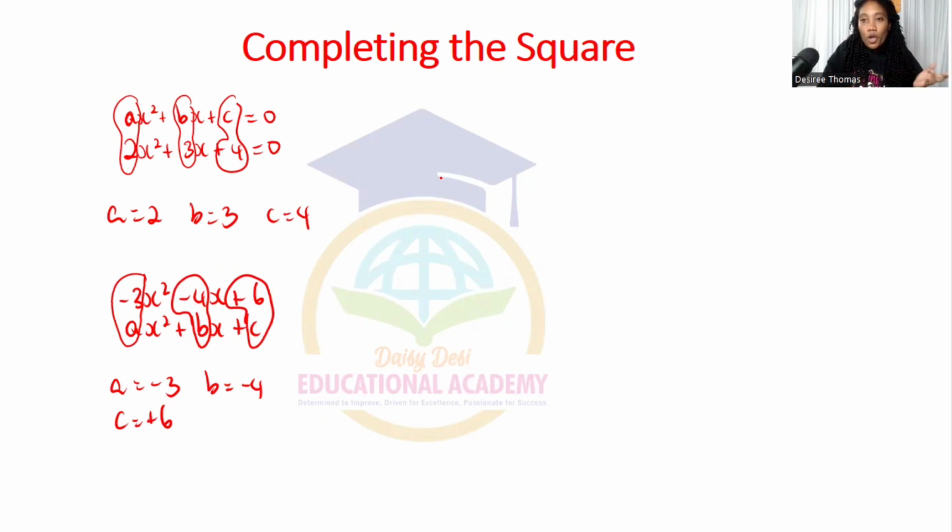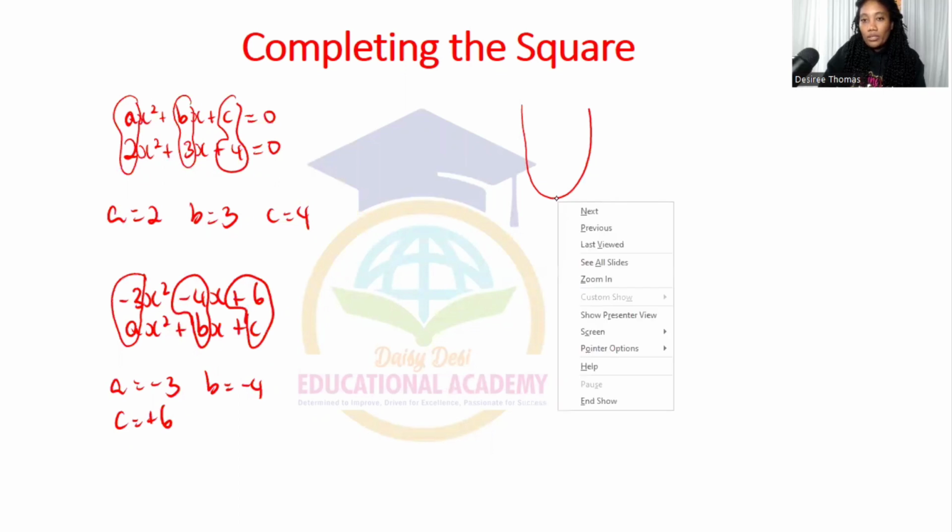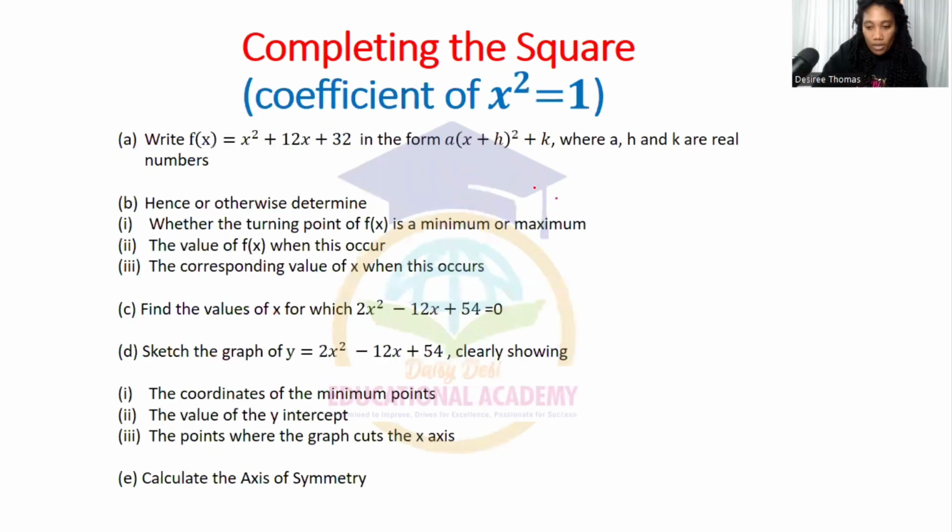Now, with knowing that, we also need to know that if a curve is shaped like this, right at the bottom here is called the turning point of the curve, and this turning point is called a minimum point.